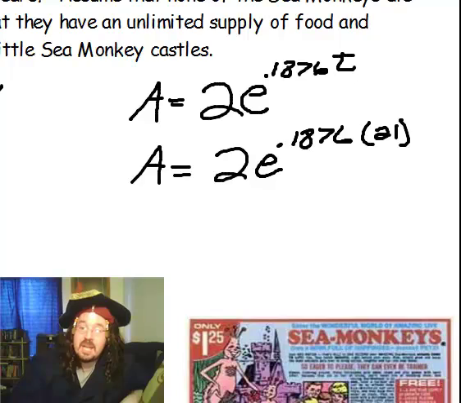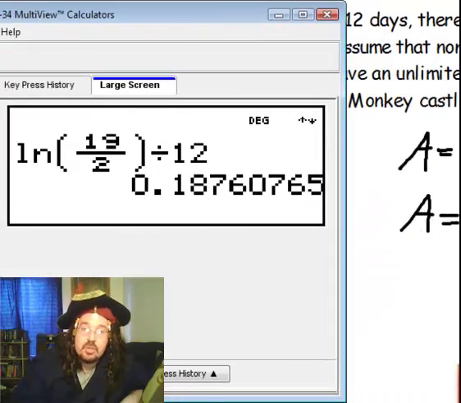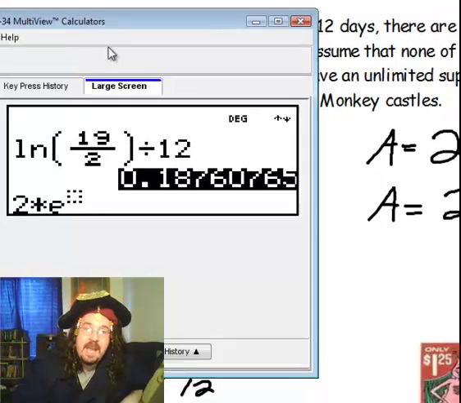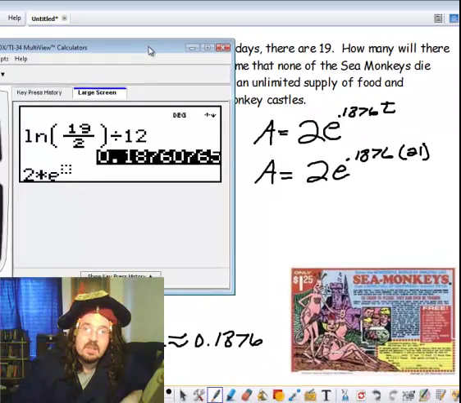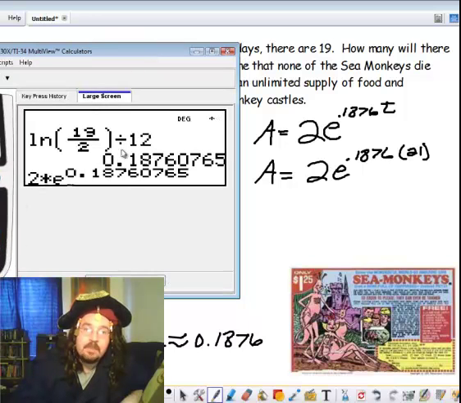And you plug this into your calculator. So I have 2 times, and then I hit the E button, second function, E, and then I'm going to scroll up and paste my number in there. And I'm also going to hit the times, and I'm going to multiply by 21 days.